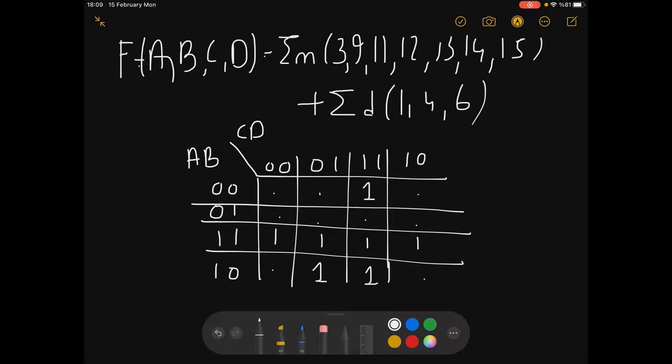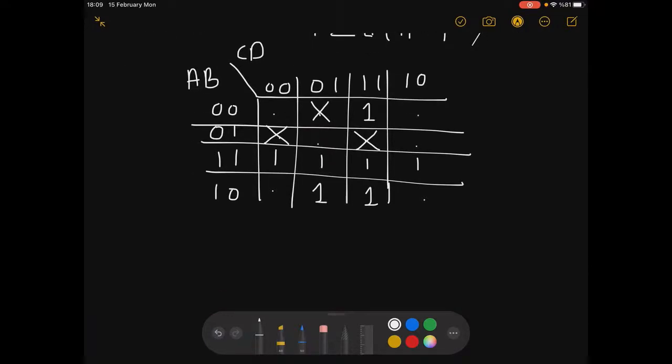Okay, this is how I placed my ones here. And then I will go ahead and place the X's here. It's in 1, and it's in 4, and it's in 6, right? There. Okay. I think I'm ready to roll.